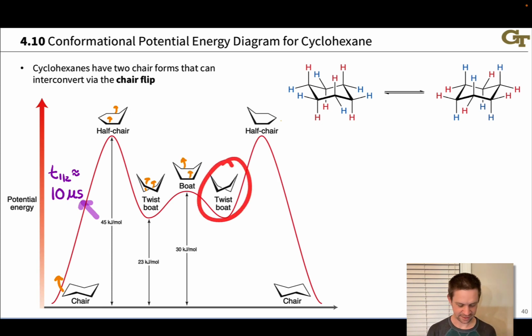And that gets us to here. Finally, our former head of the original chair rotates down into the plane of all of these carbons to create a new half chair. And then finally, that flat part of the half chair rotates down to create the other chair form. So a bit of a mouthful to work through all these conformational changes.